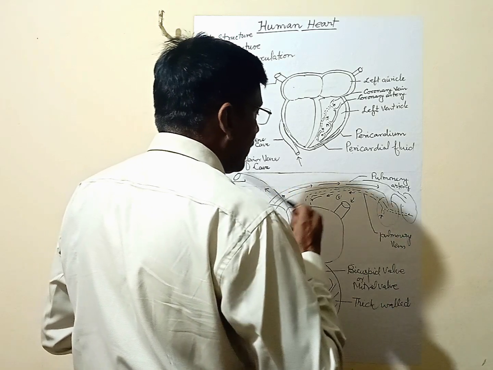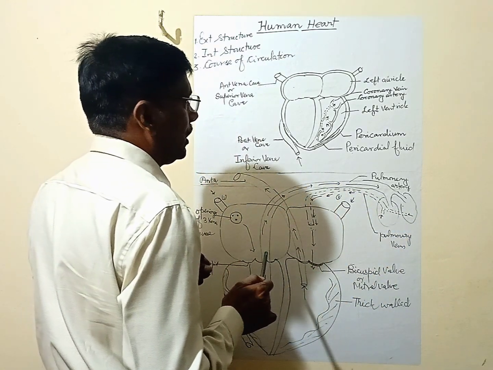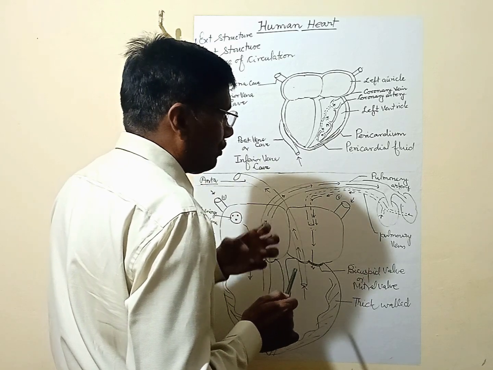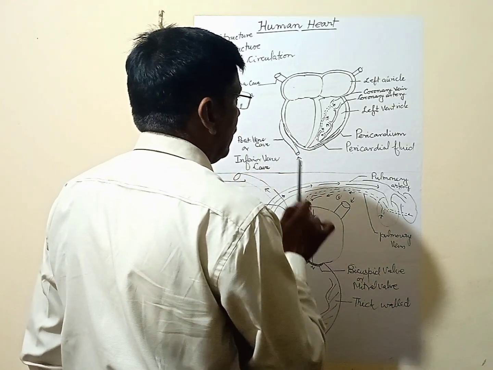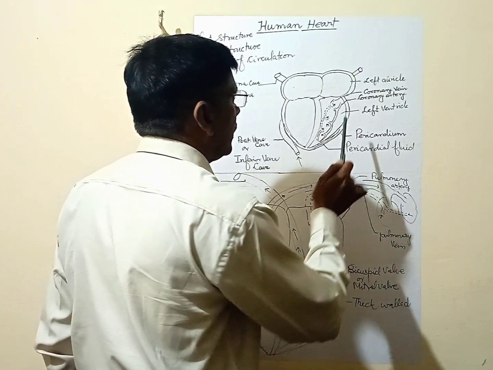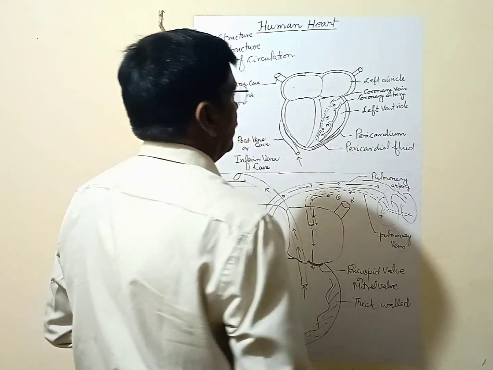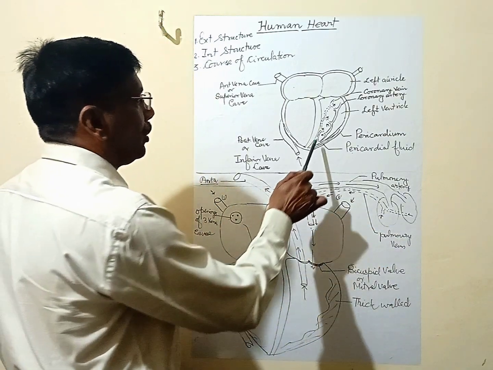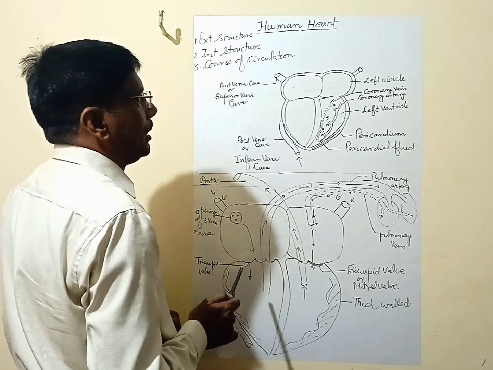All these things are needed for the heart also. The heart also needs oxygen and produces CO2. So oxygenated blood is supplied to the heart by the coronary artery. This coronary artery supplies oxygen and nutrients to the heart.